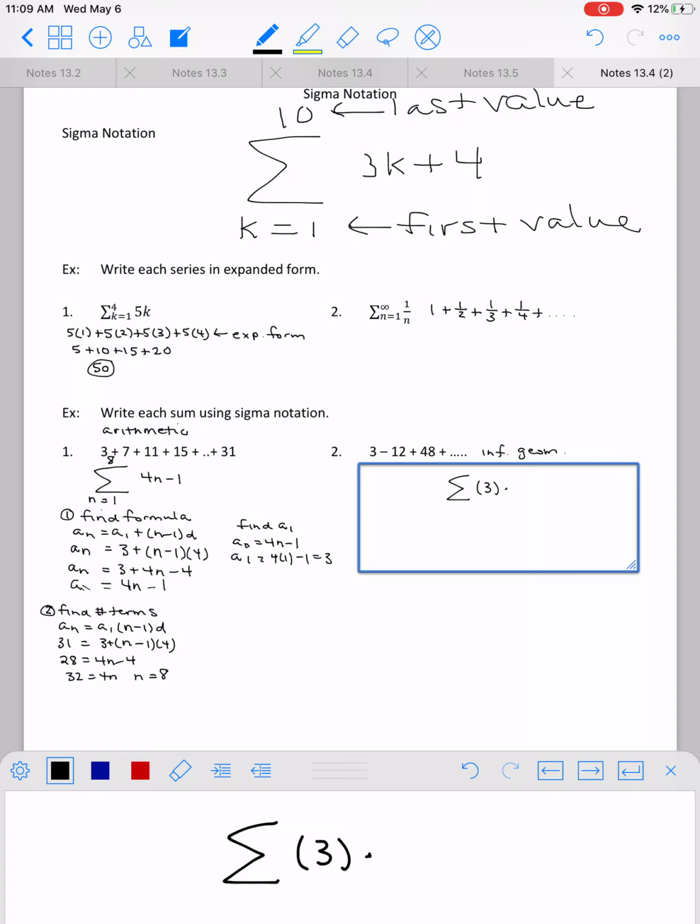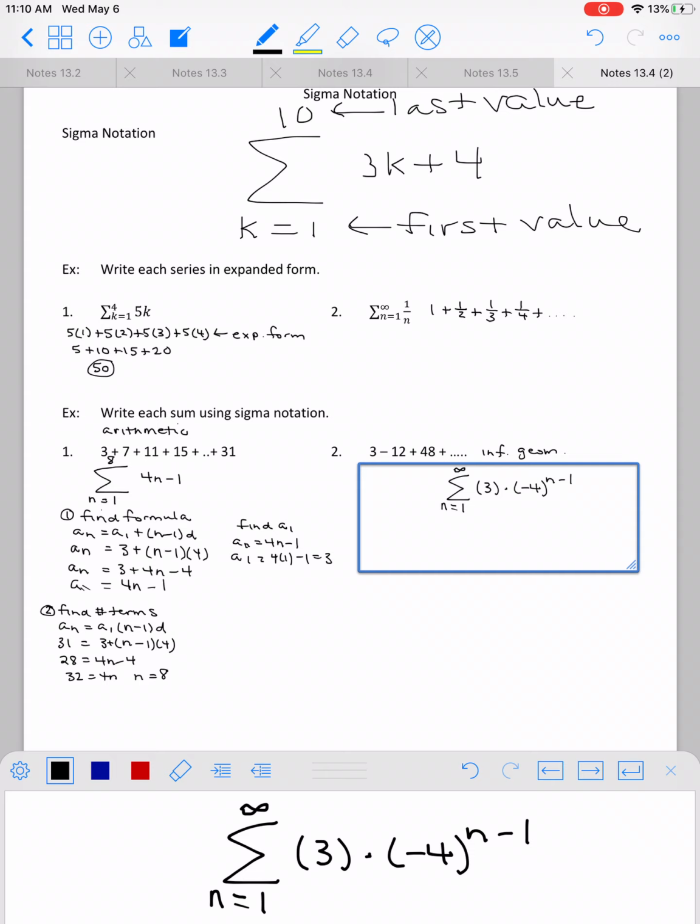It looks like we're multiplying by -4, and we're going to raise that to the n minus 1. And then we are going to start at n equals 1 and go to positive infinity.